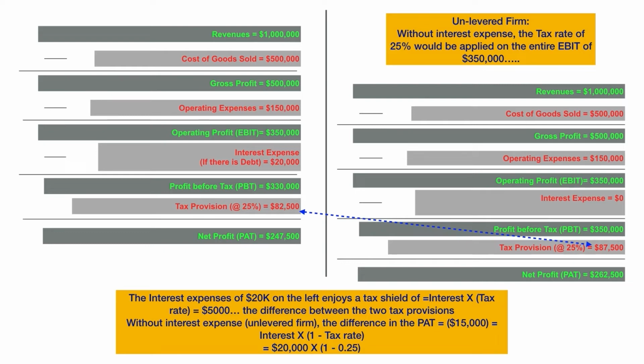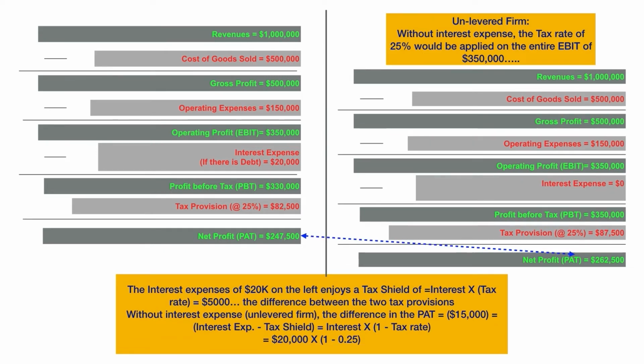So without the interest expense, that is, in case of the unlevered firm, the difference in the net profit works out to $15,000, which is nothing but the interest expense of 20,000 multiplied by (1 minus 25%), or 0.25. So that's how there is a $15,000 difference between the leveraged firm and the unlevered firm.